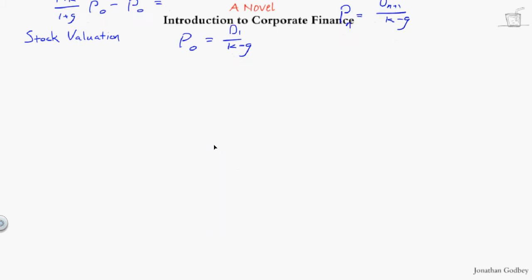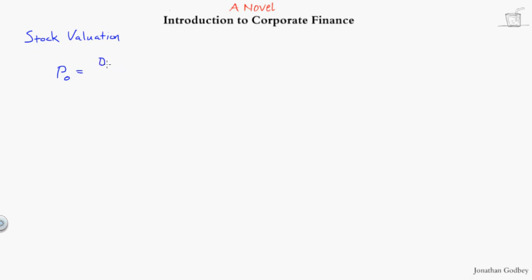So what I can do now is I can say P0 is equal to D1 over K minus G. I know that D0 is equal to $2. That means D1 is equal to $2 times 1 plus G. Well, G was equal to 5%, right?